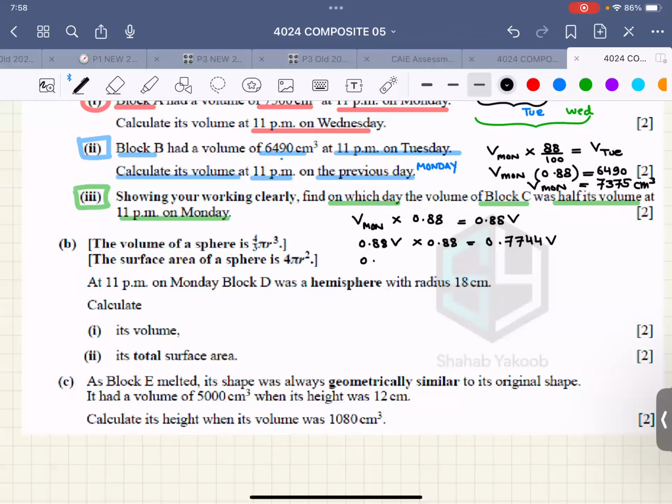Again, another day, 0.7744V into 0.88 is 0.681472. You have to show your working clearly. 0.681472V into 0.88, don't forget the V, is 0.599695 and so on V.